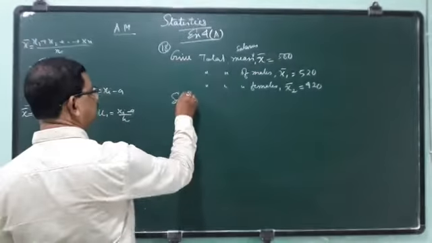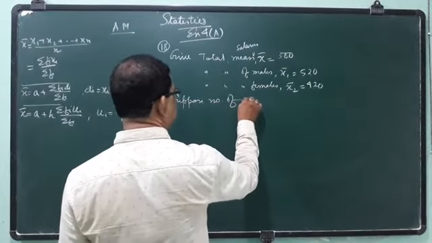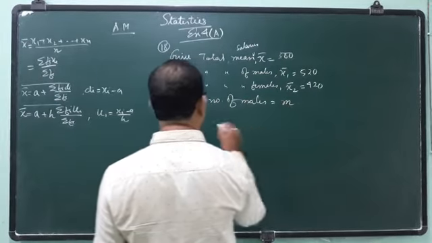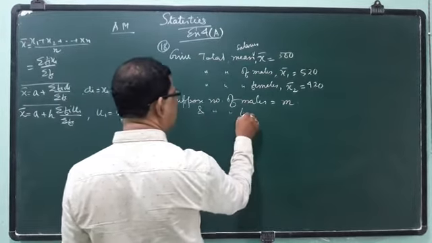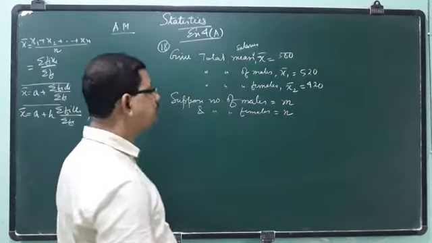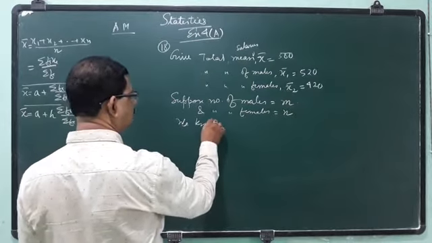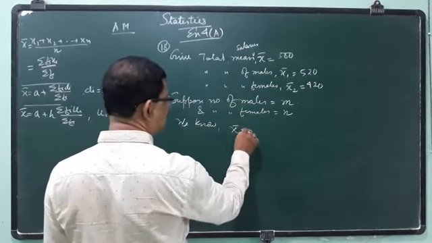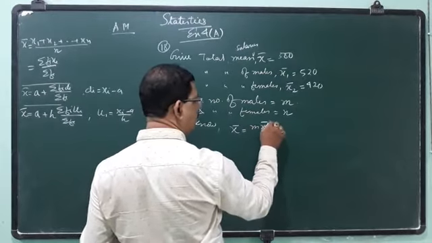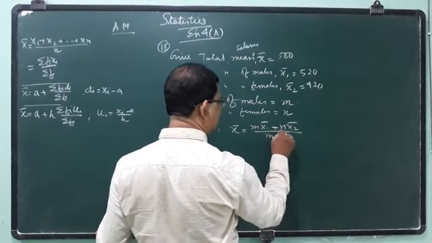Suppose number of males is equal to m and number of females, suppose it is n. We know x bar is equal to m into x1 bar plus n into x2 bar divided by m plus n.